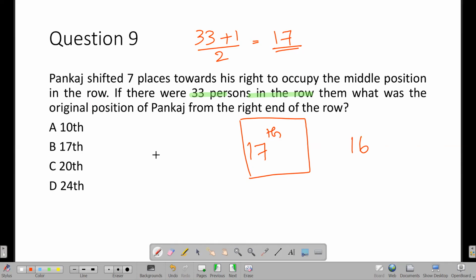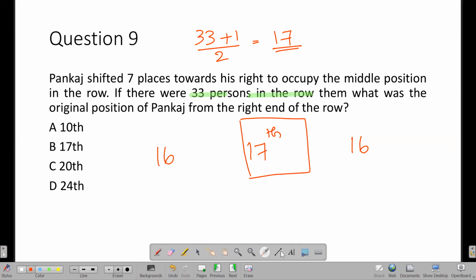To the left side of the 17th position, there will be 16 more seats. So that 16 plus 16, 32, plus this 17th position, 33. You are dealing with 33 people seated in a row.